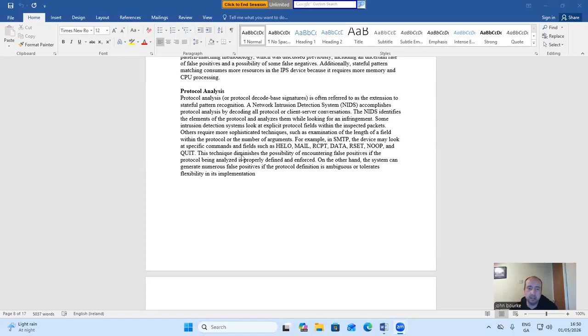This technique diminishes the possibility of encountering false positives if the protocol being analyzed is properly defined and enforced. On the other hand, the system can generate numerous false positives if the protocol definition is ambiguous or tolerates flexibility in its implementation.